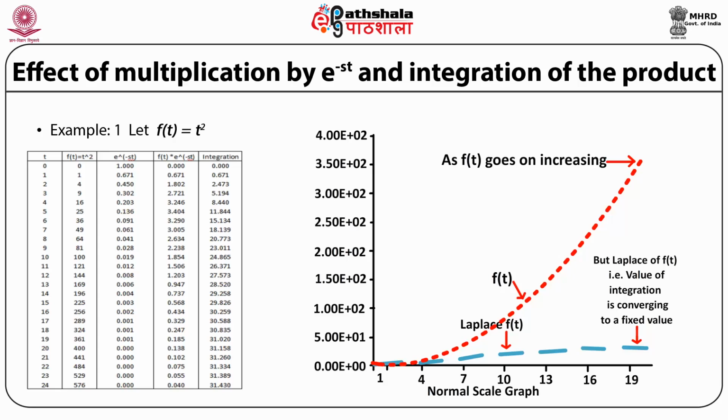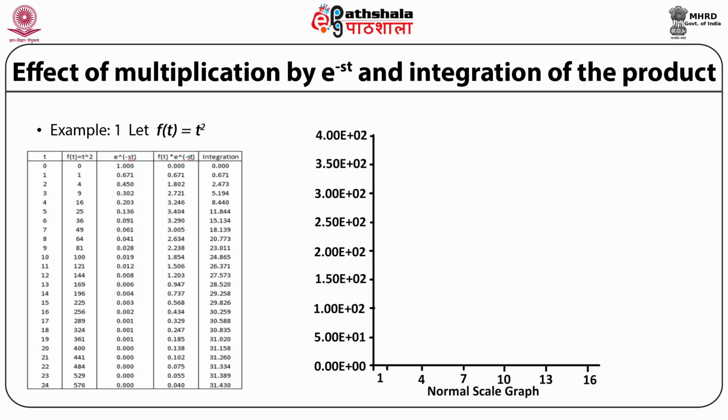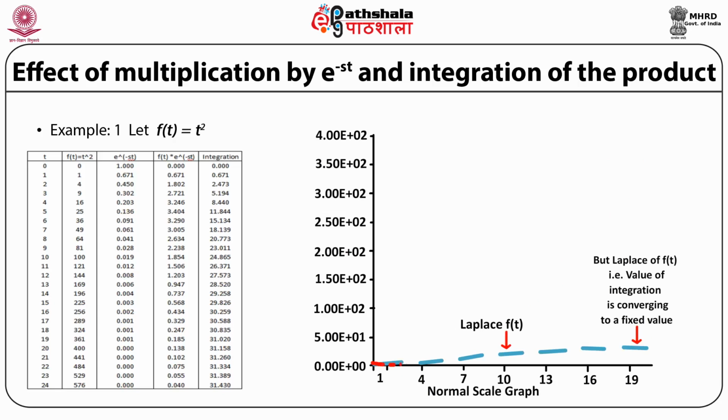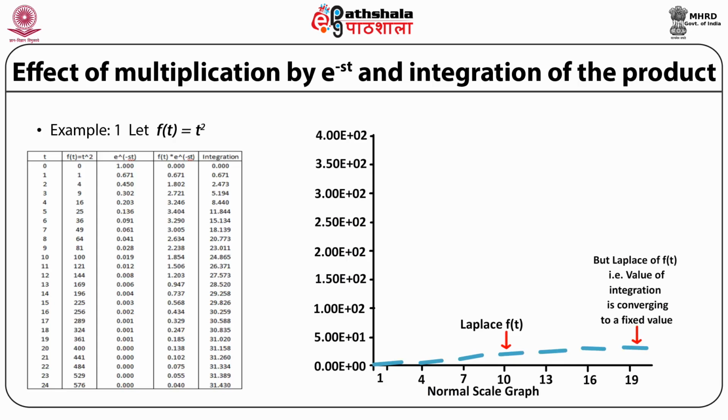You can take time t equal to 0, 1, 2, 3, 4, 5 up to long values, maybe 100, 200. Then you can calculate t squared, and you will see the second column of t squared values. Then you can compute e power of minus st. You can assume s is just 1 or something, because it's just a constant, any constant s. So for now you can just assume 1.